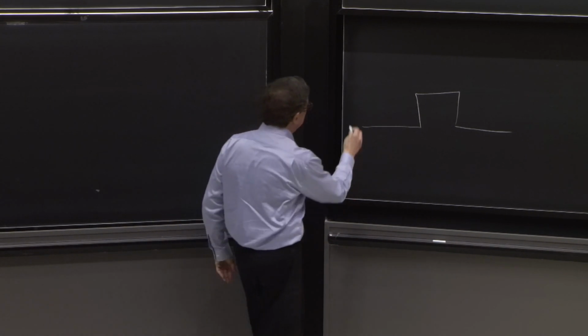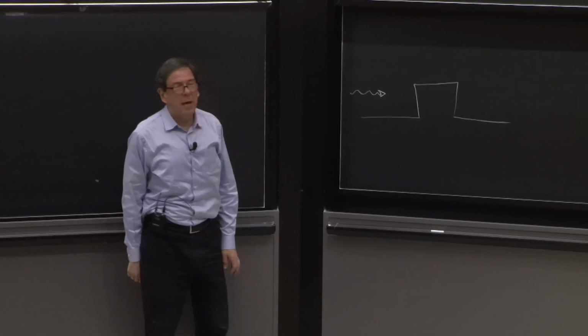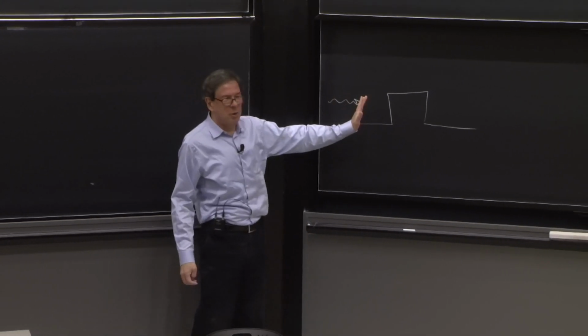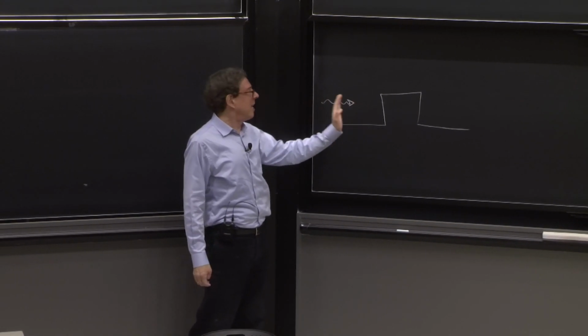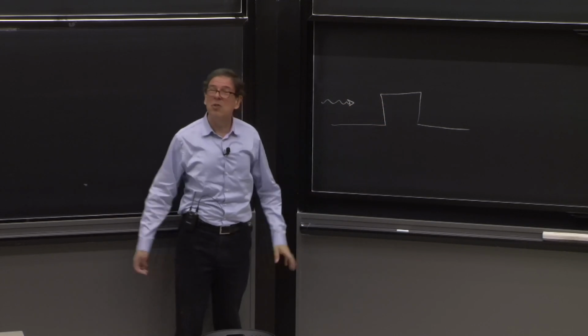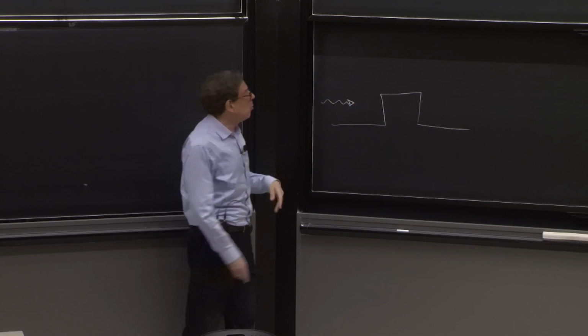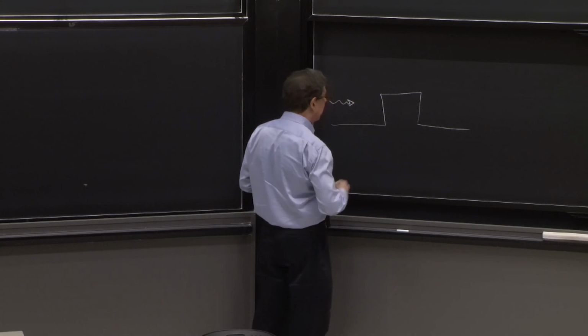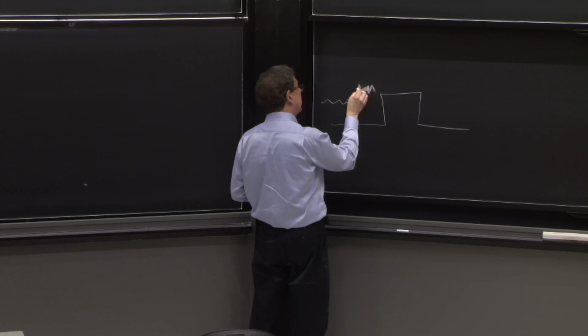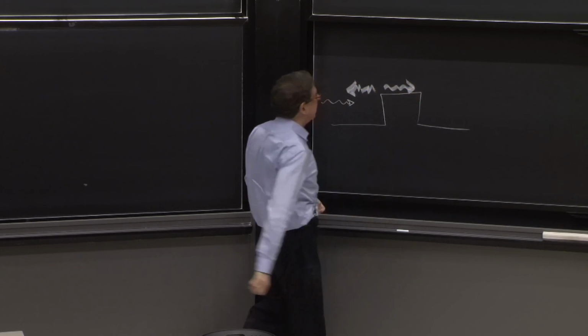So you put in a wave that was moving in, and you said, okay, this wave is a solution until it reaches this point where it just stops being a solution and you need more. If you put in this wave, you will generate a reflected wave and a transmitted wave.